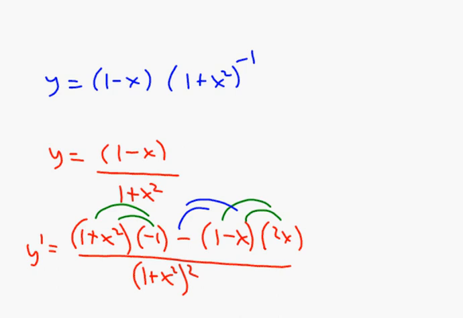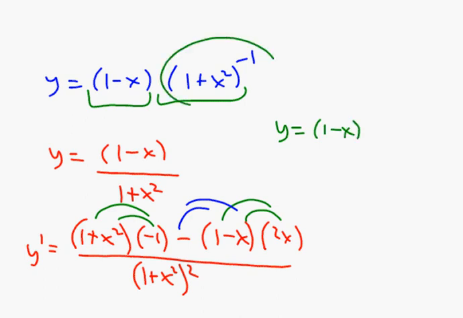Let me make one comment here. Some people might look at this and think, hey, wait a minute. Can't I do a product rule? It looks like a function times a function. The answer is yes, but there's something you haven't learned yet. When you do first, d second, the derivative of this thing is a little bit tricky, because you have a function 1 plus x squared inside of another function, something to the negative 1 power.